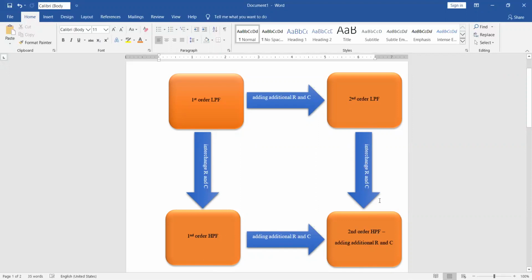So from the first order, if you want to get the second order, adding an additional pair of R and C has to be done. Just see the configuration of all the circuits, you will come to know it is very easy.